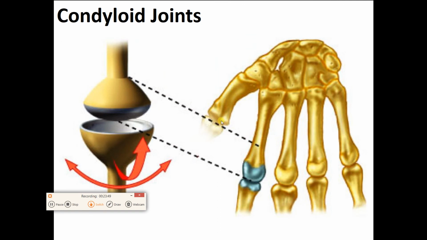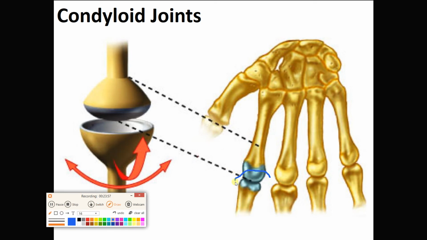Let's do another one. Condyloid joints, like your knuckle joints. So this joint right here is a knuckle joint. We can't just call this a knuckle joint. We would call it a metacarpophalangeal joint. That might be the longest word of the semester right there.